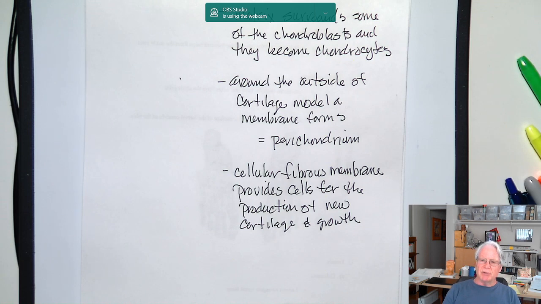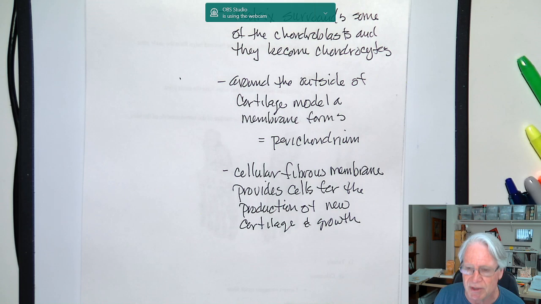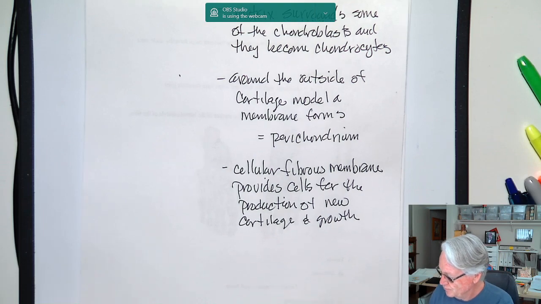They eventually become trapped, but the membrane that surrounds this model is a flexible and a growing membrane, so it keeps up with the growth of the model, and it simply continues to add more and more cells. So it's sort of a source for the stem cells. It is the location of the stem cells for chondroblasts. Okay. All right. Let's see.